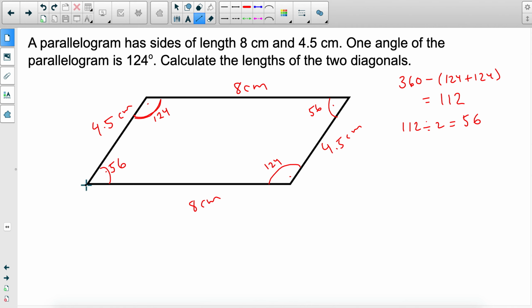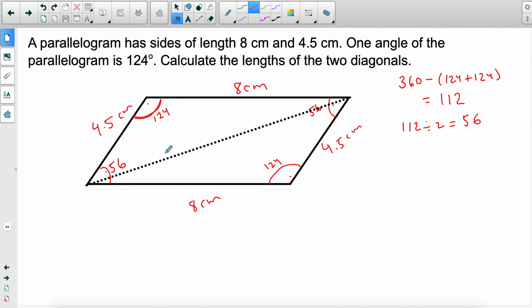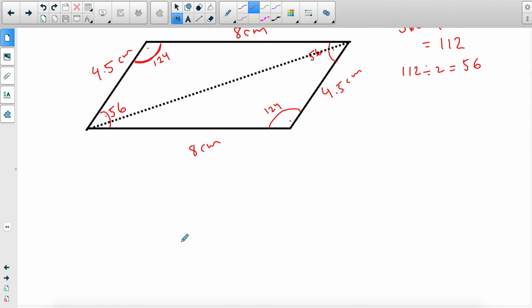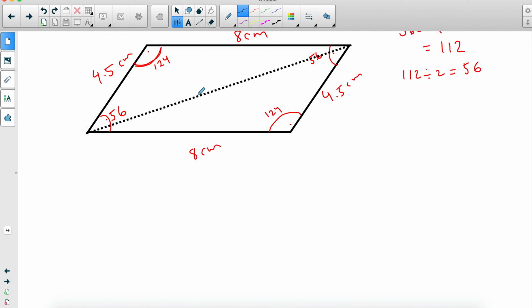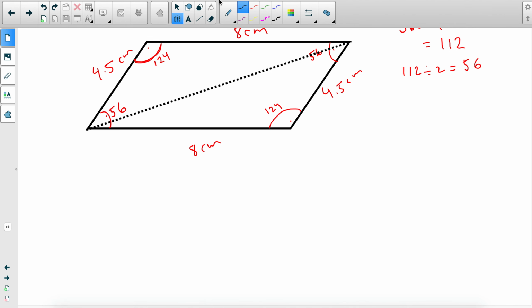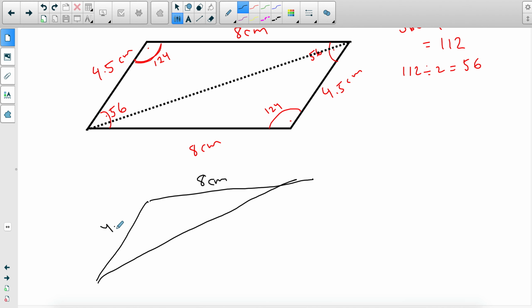So let's try to find the length of this diagonal. And I'm going to take this triangle out here. So it's going to be this is 8, this is 4.5, this is 124.